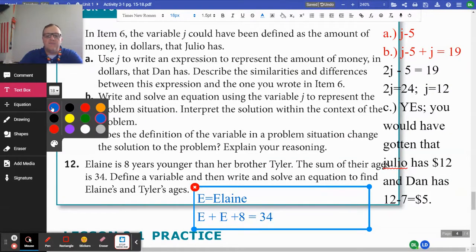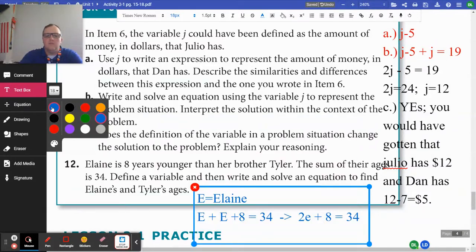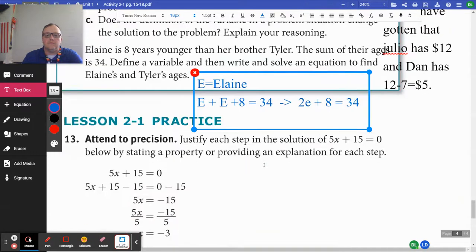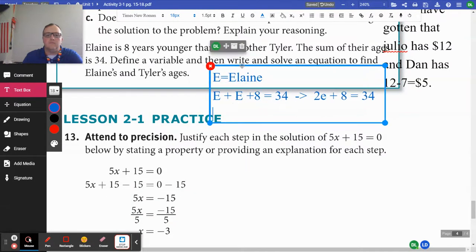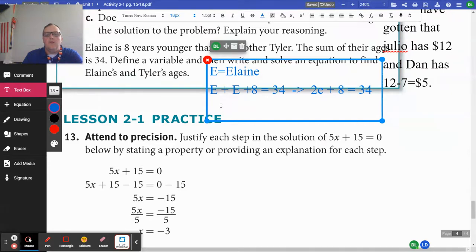So that would give me 2E plus 8 equals 34. Which would be 2E plus 8 minus 8 equals 34 minus 8.